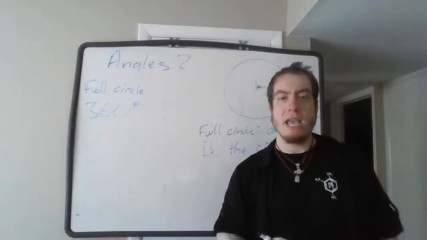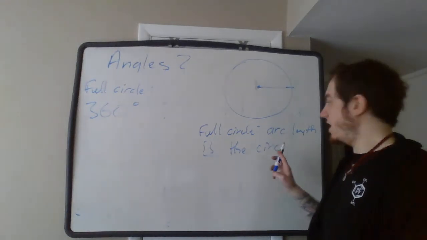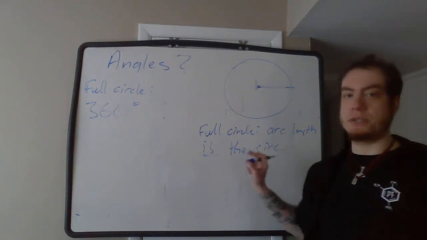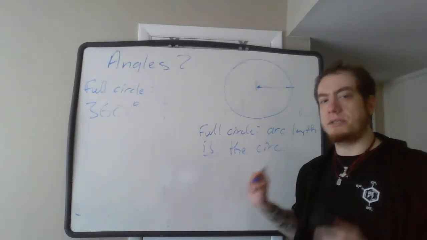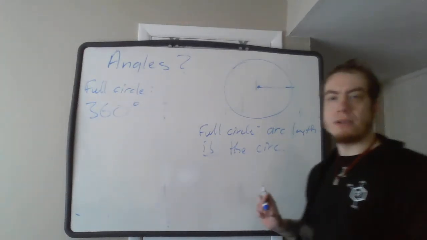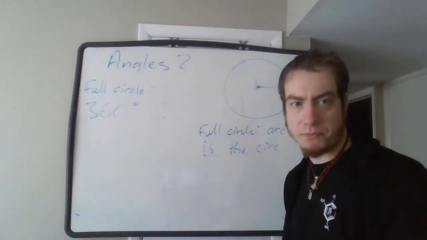So take a moment and think about what would that be in radians. If I take the arc length, which is the circumference, and I divide that by the radius, what am I going to get? You can pause this for a moment and think about it. I would encourage you to take a couple minutes and see if you can work this out.